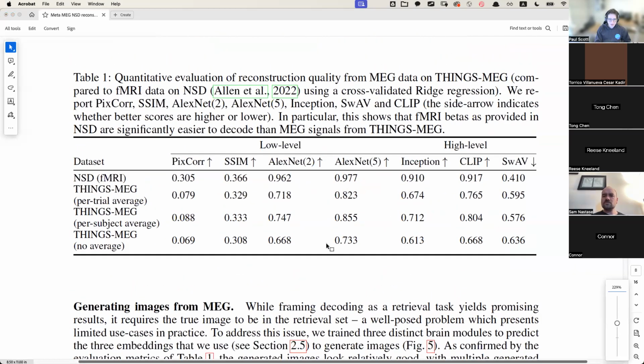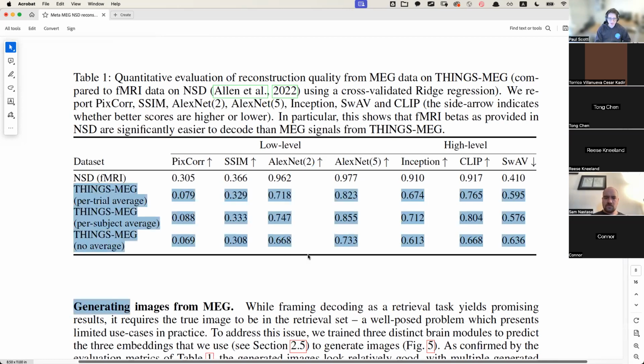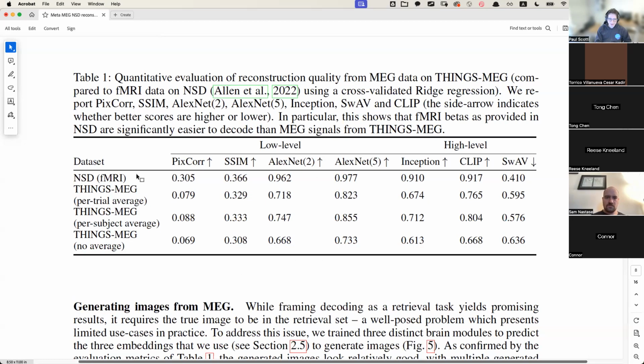And then this is the reconstruction performance. So they copy the exact same model as Verslick and Van Rullen to get these values. What they're saying is that there's no low level information in these MEG reconstructions, but there is pretty decent high level information.